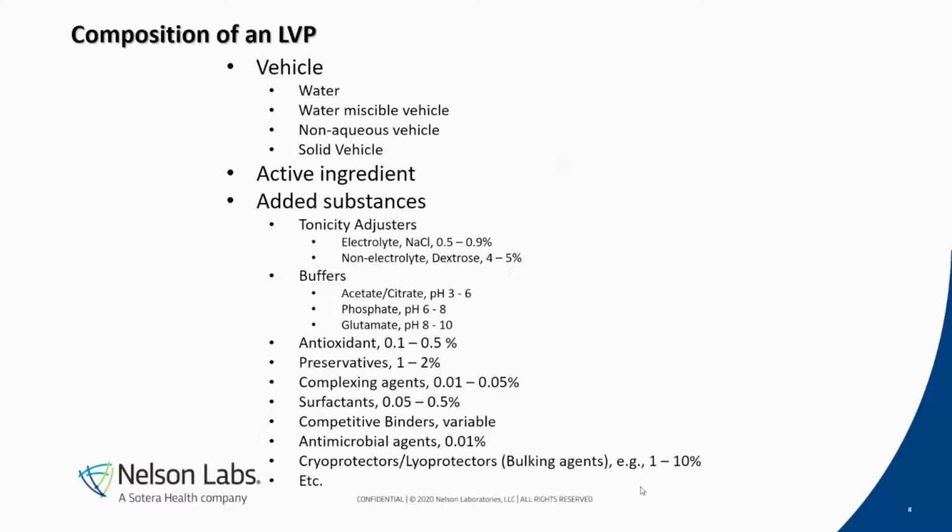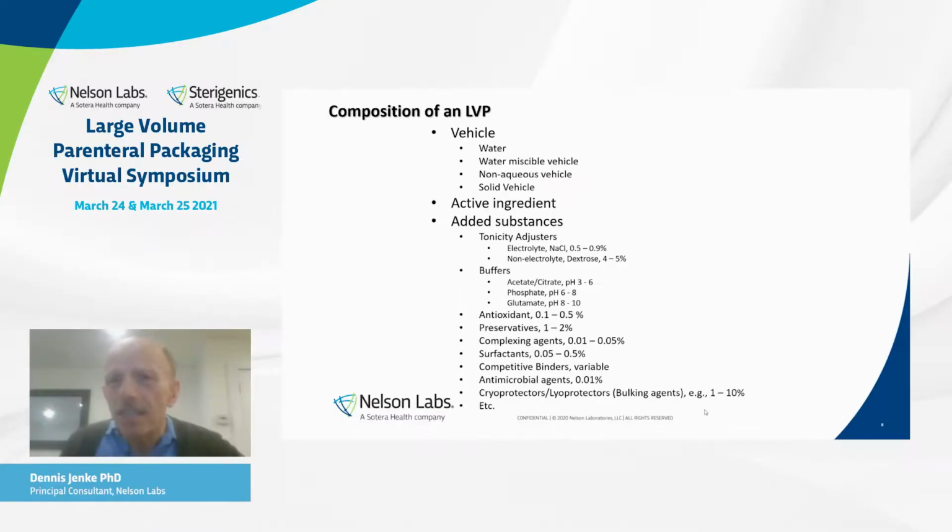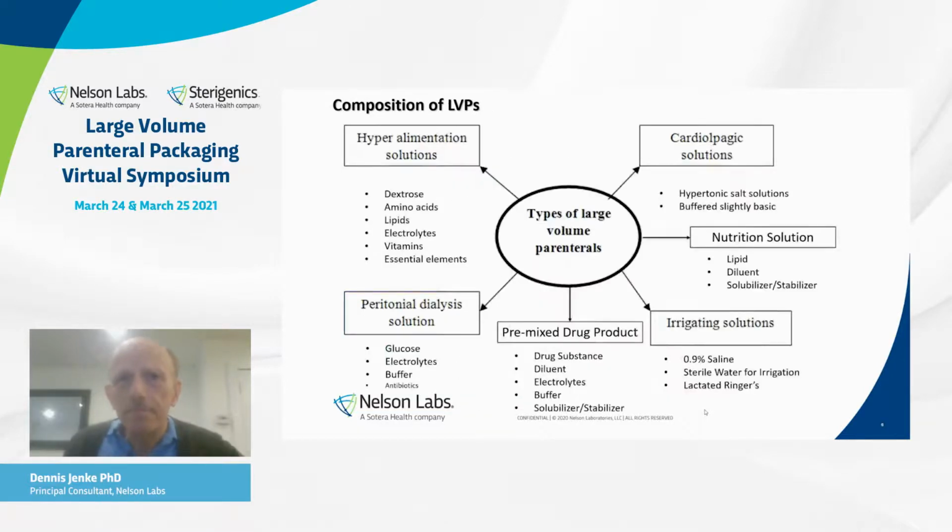So an LVP can be as simple as sterile water for injection. It can be as complex as a lipid emulsion that contains 20% lipid emulsifiers, and so forth. That's essentially represented in this particular slide.